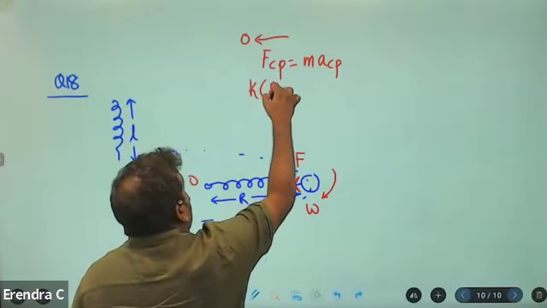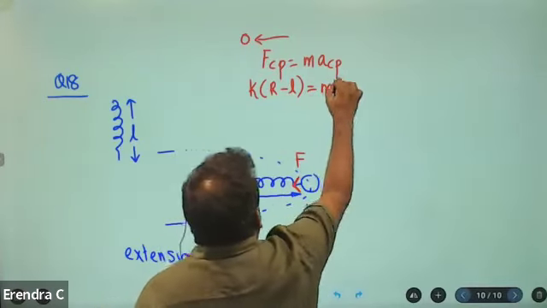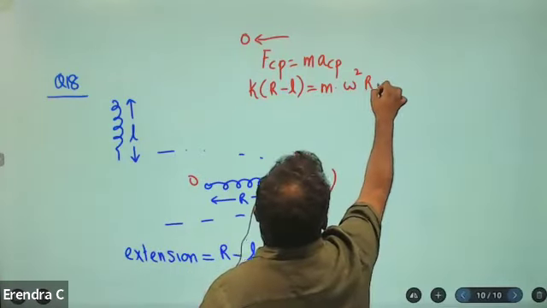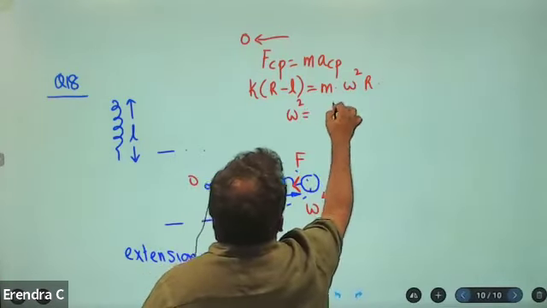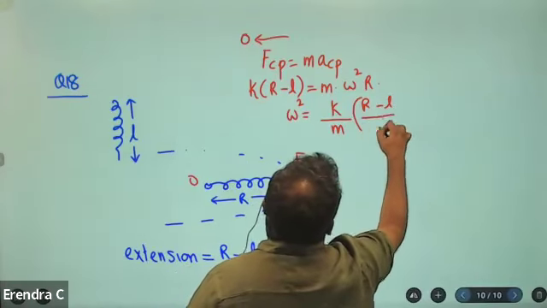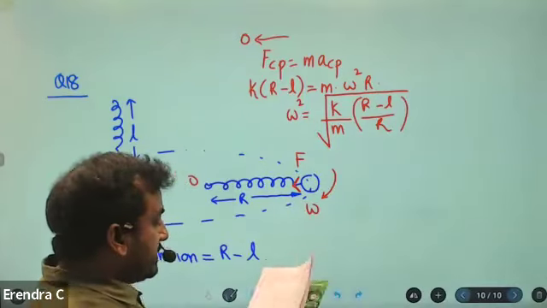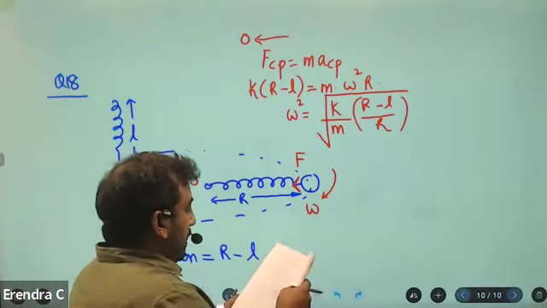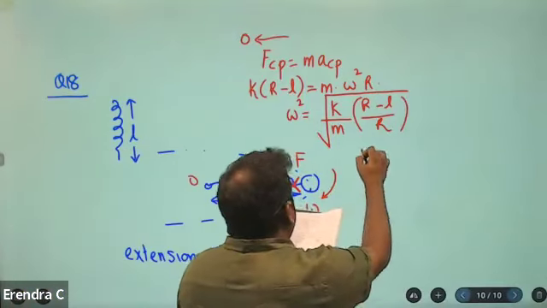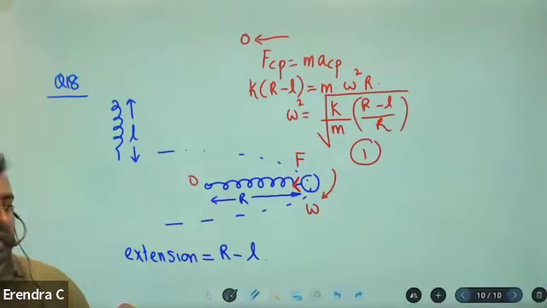K times R minus L, Hooke's law. Mass into centripetal acceleration, omega squared R. Omega squared is K over M, R minus L over R, whole thing square root. This answer is there only in answer number 1.